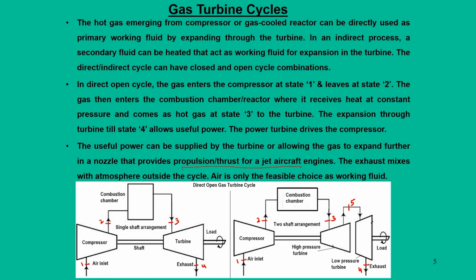This is another advantage of gas turbine systems. In fact, all aircraft engines rely on gas turbine units. Gas turbine technology is the backbone of aircraft systems, and again we call this an open cycle, because we rely on atmospheric air which is continuously taken in, and since we depend on the atmosphere, air is the only feasible choice.